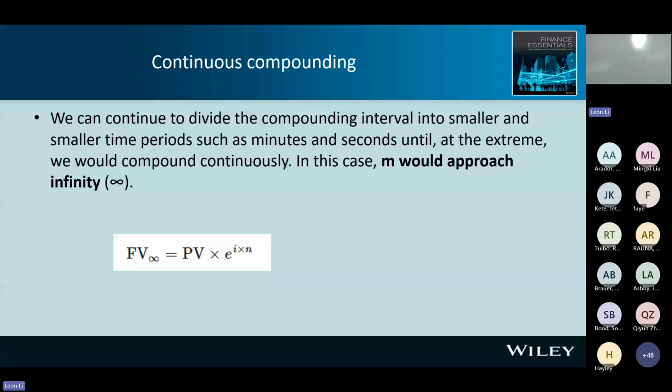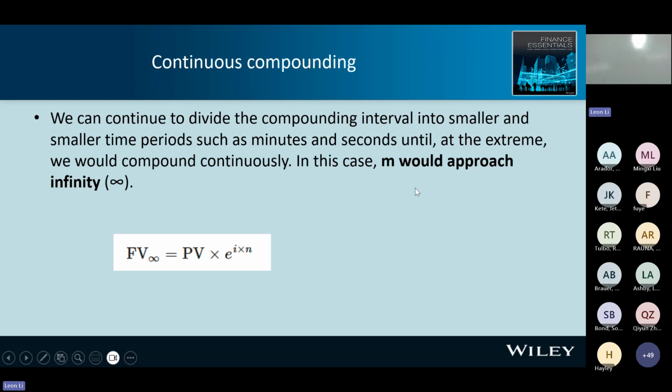Okay. Next slide, we discuss continuous compounding. If we continue to divide the compounding interval into smaller and smaller time periods, such as minutes and seconds, until at the extreme, we would compound continuously.